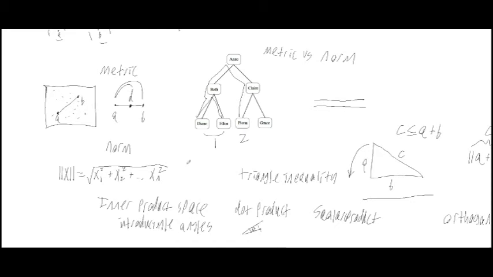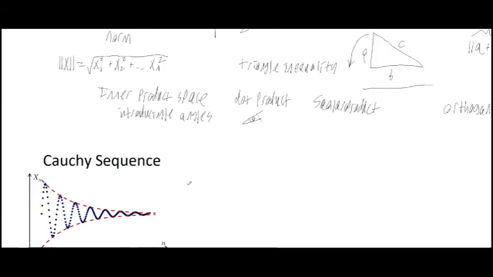Then the next step up from that, well, not really, is what's called the Banach space. A Banach space is not necessarily an inner product space, but it is one that is complete.